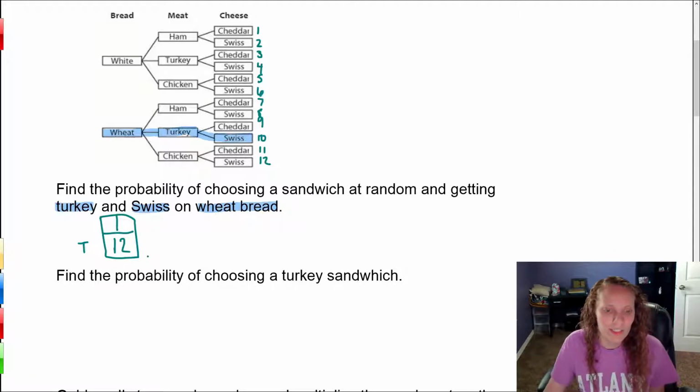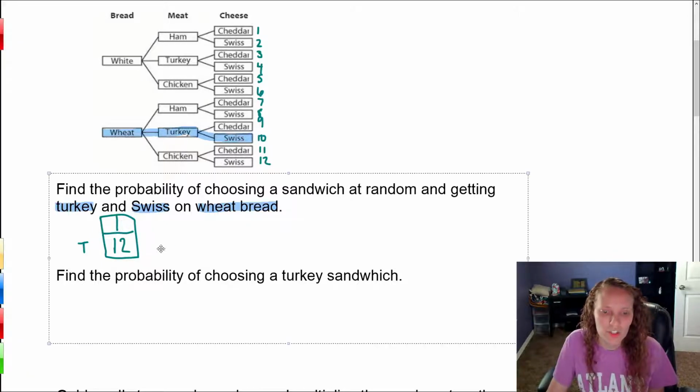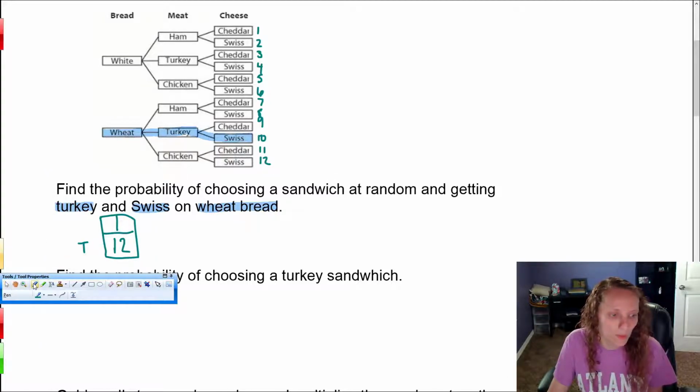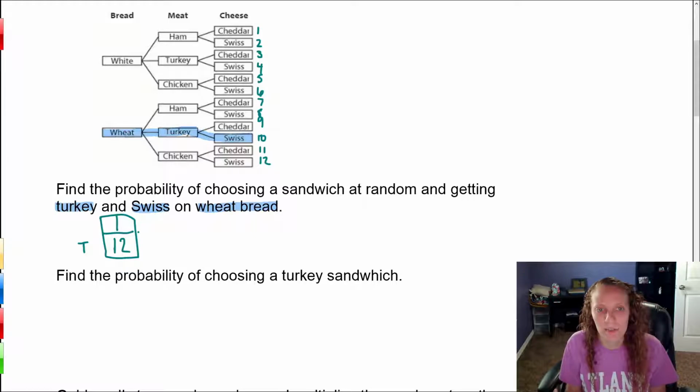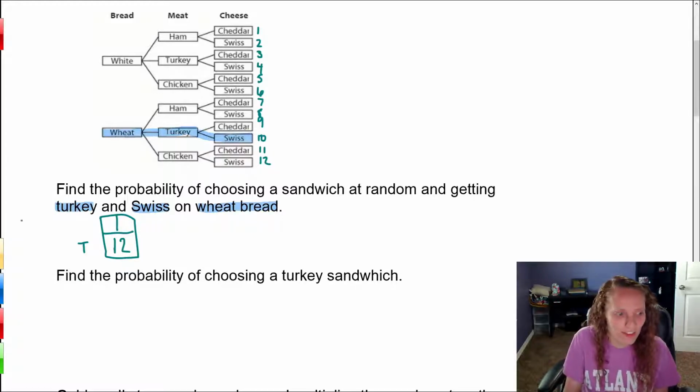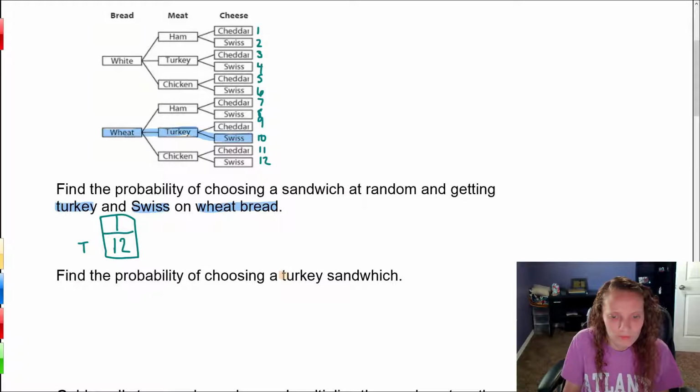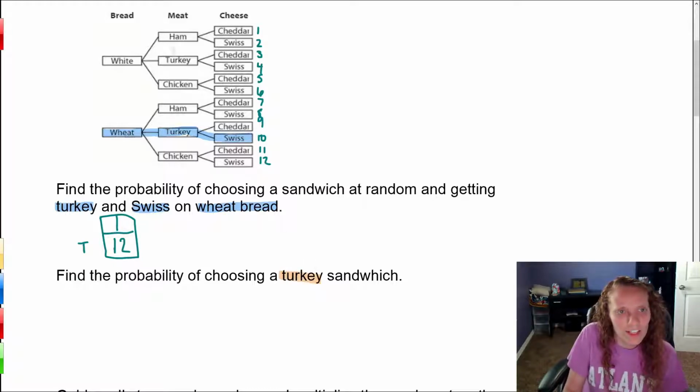Then the last one says to find the probability of choosing a turkey sandwich, and it doesn't matter what kind of bread, it doesn't matter what kind of cheese, just the fact that it's turkey. Alright, so I'm looking at the chart.